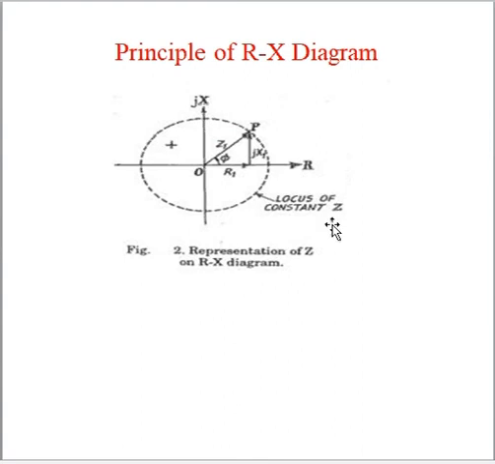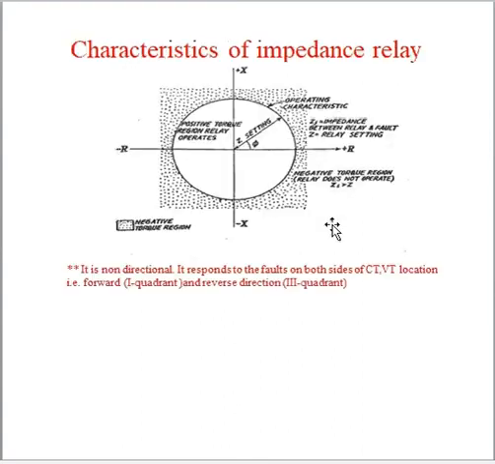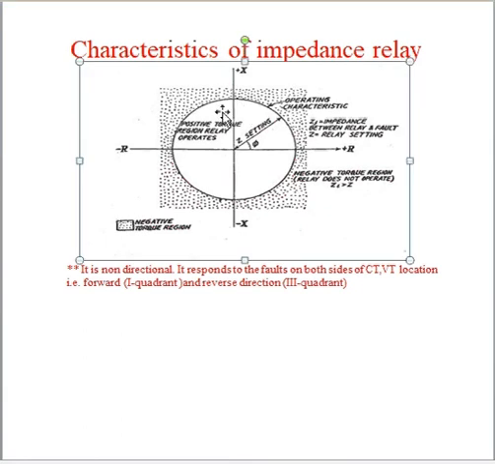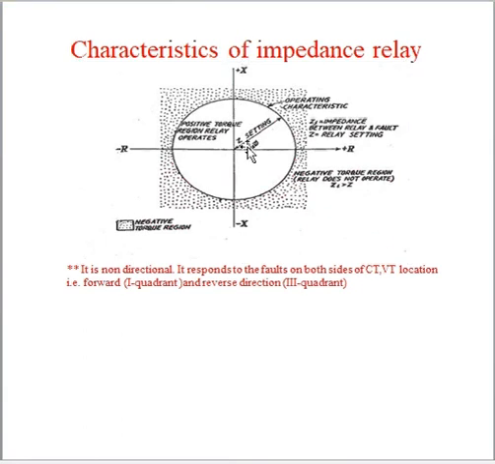And how we use this, we can see here. This is the main diagram, the characteristics of the impedance relay. If the impedance seen by the relay is under this region, then the relay will operate, otherwise the relay will not operate.